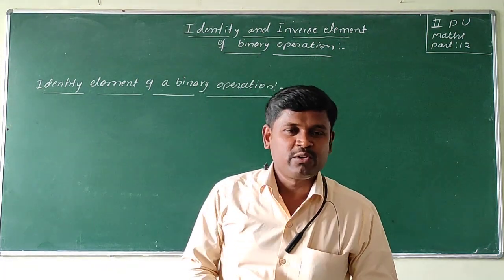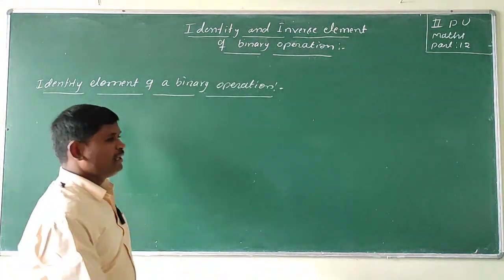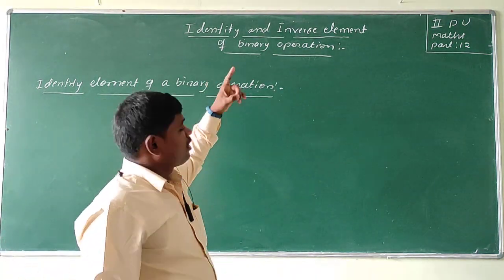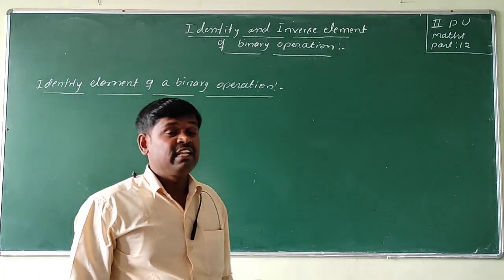In these sessions we are going to discuss the identity element of a binary operation and the inverse element of a binary operation. So what is the identity element of a binary operation?